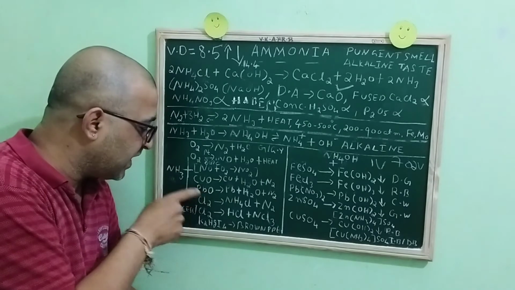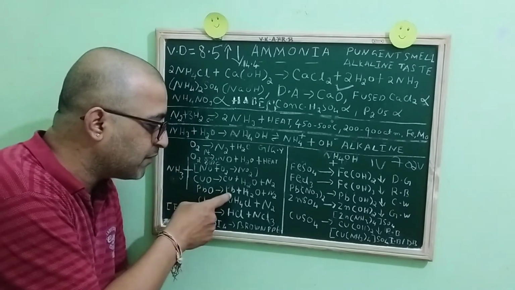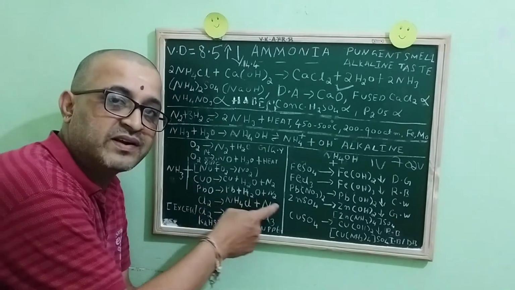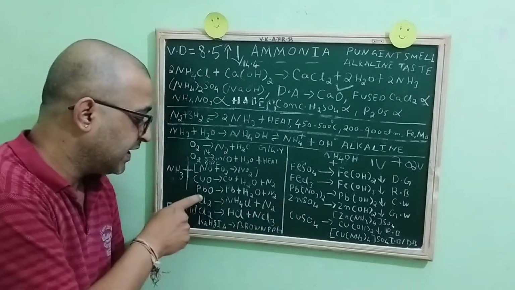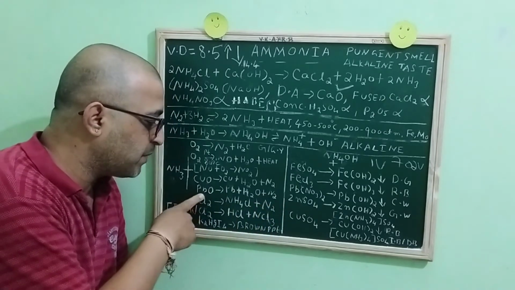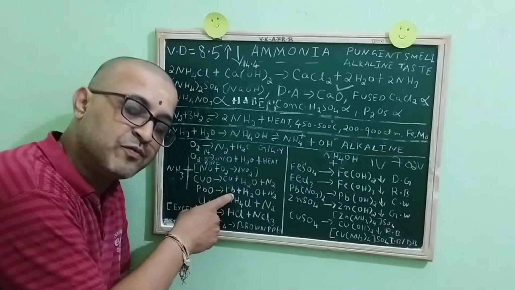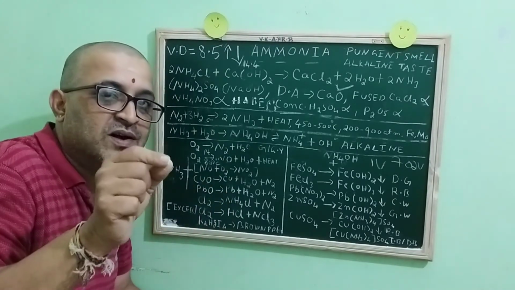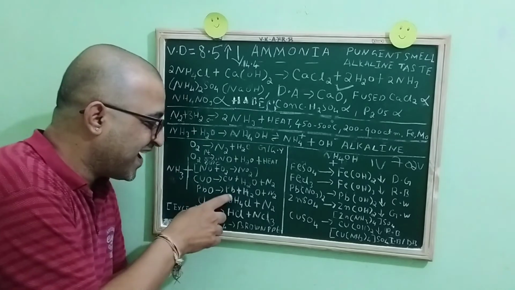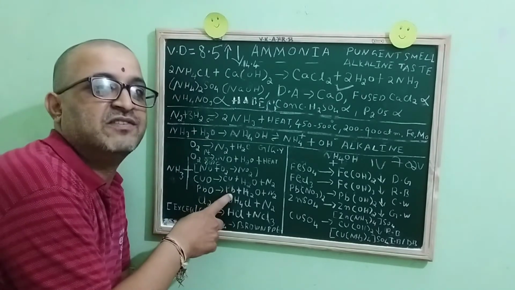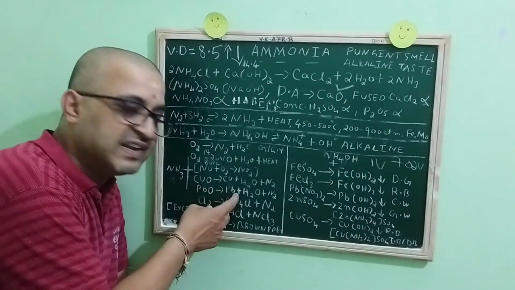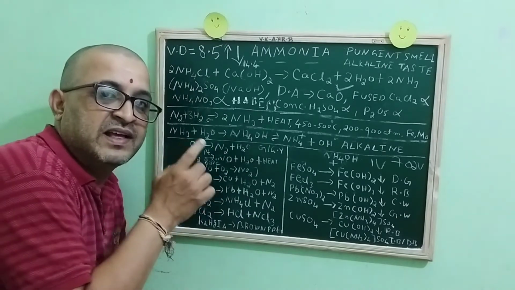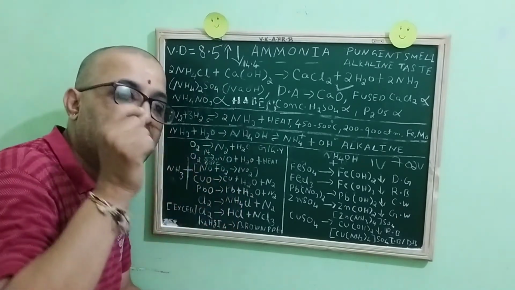Now, in the same way, ammonia with PbO will give you lead, water and nitrogen. Here, how do you prove that PbO is converted to Pb? Very simple. PbO is buff yellow, not buffalo, right? And Pb is silvery gray. Change in color proves that lead oxide is converted to lead.